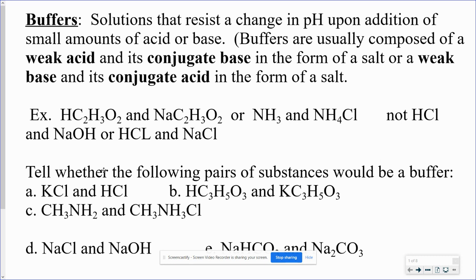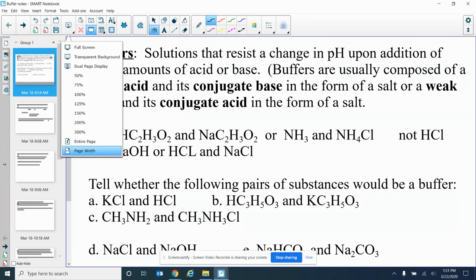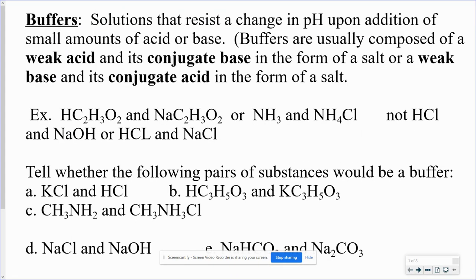So the example here is a weak acid, acetic acid, and it is going to be with its conjugate base, which is sodium acetate in the form of a salt, because again, just the conjugate base by itself, C2H3O2 minus, doesn't exist by itself, so it has to be in a salt. So it's sodium acetate or potassium acetate or something like that.